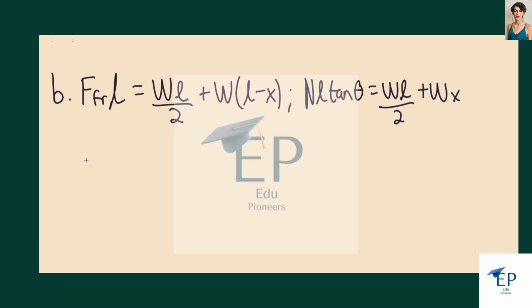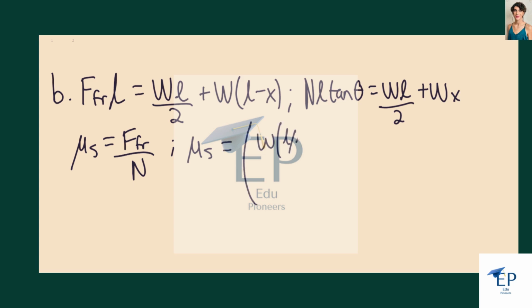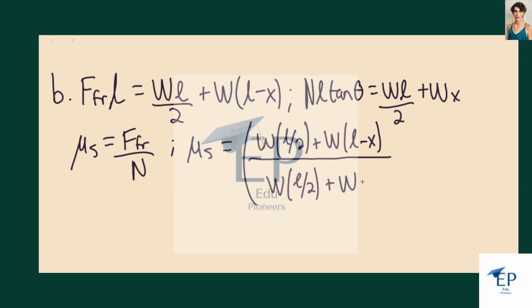So we can say that we also know that the coefficient of static friction equals the force of friction divided by the normal force, which means that the coefficient of static friction would be equal to the weight times L over 2 plus the weight times L minus x. This would be divided by the weight times L over 2 plus the weight times x, and then this would be multiplied by tangent of theta.